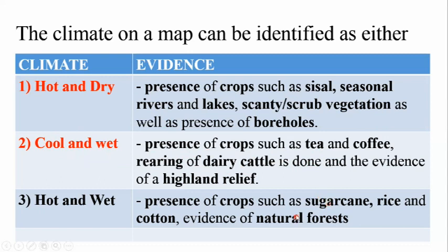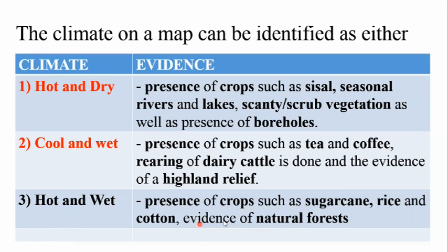So where we have cool and wet, you will be able to see crops like tea and coffee. Then you will also be able to see dairy cattle. Remember, we also have ranching. Ranching appears in hot and dry. Now, the other one is hot and wet. Presence of crops such as sugarcane, rice, and cotton.